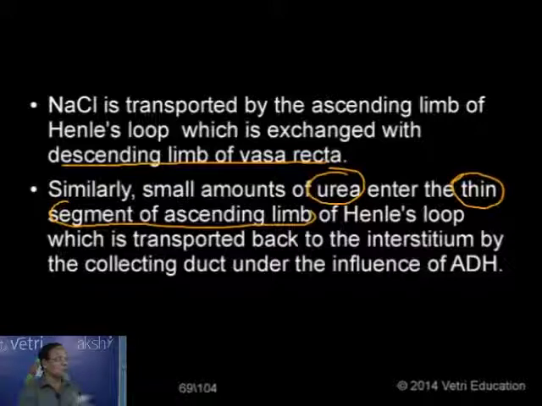So the urea enters into the ascending limb, that is into the filtrate, and once again returns back to the interstitium. This is because it is transported by the collecting duct, which allows the passage of urea from the filtrate into the interstitium with the help of ADH. So a small amount of urea enters into the thin ascending limb and is returned back to the medullary interstitium, the fluid region between the nephrons. This is because of the effect of ADH.